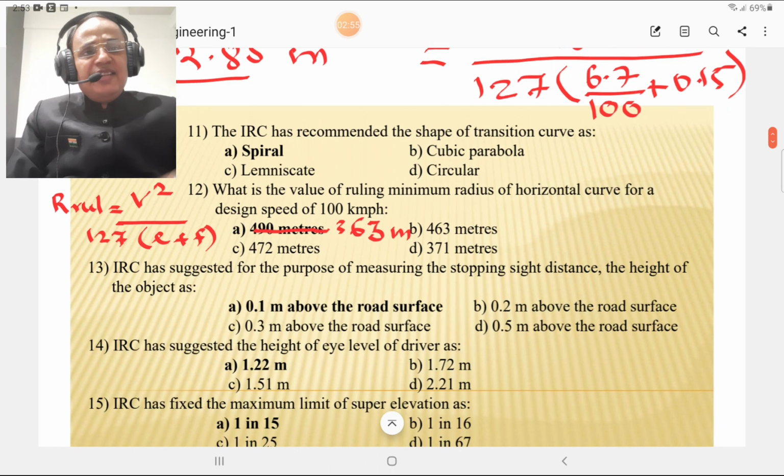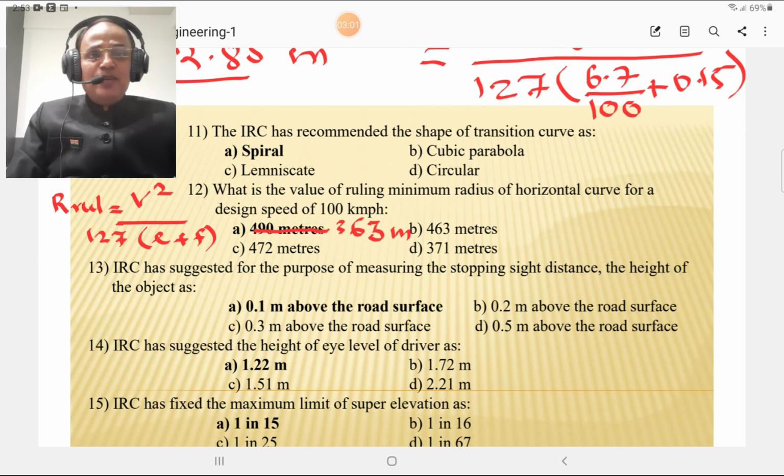The IRC has recommended the shape of transition curve as a spiral. So IRC recommended the transition curve shape as a spiral shape. What is the value of ruling minimum radius of horizontal curve for a design speed of 100 kmph?